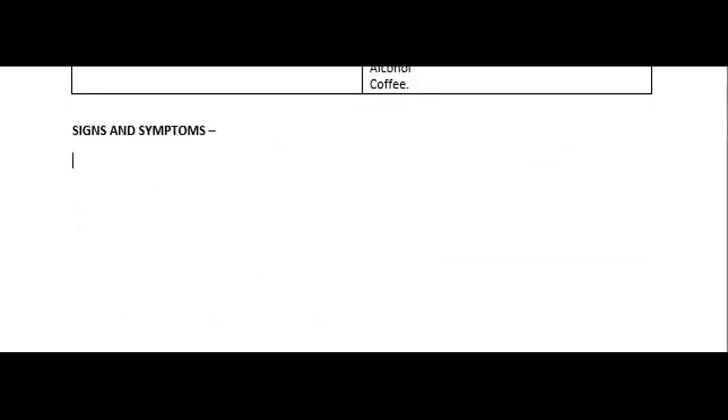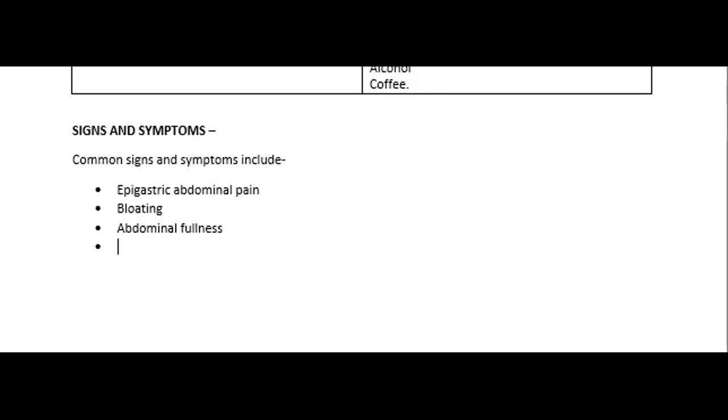The common signs and symptoms include: first thing is epigastric abdominal pain, bloating, abdominal fullness, nausea and vomiting, weight loss or weight gain, hematemesis, and melena. These are the common signs and symptoms.